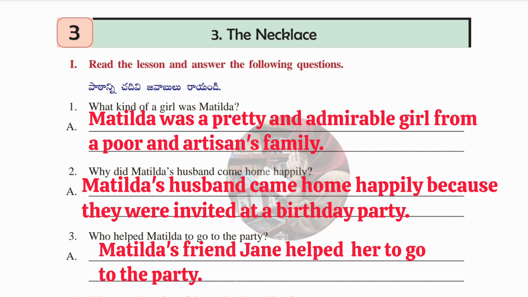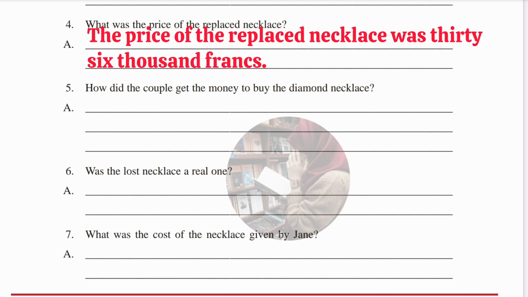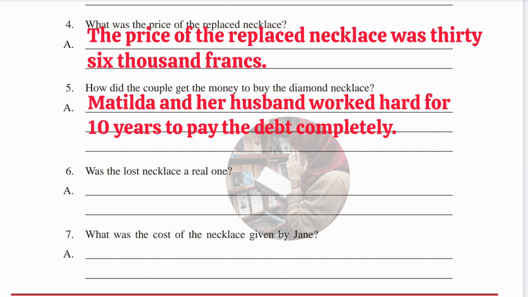Now we'll see the fourth question, which is: what was the price of the replaced necklace? Answer, the price of the replaced necklace was 36,000 francs. Fifth question, how did the couple get the money to buy the diamond necklace? Answer, Matilda and her husband worked hard for 10 years to pay the debt completely.